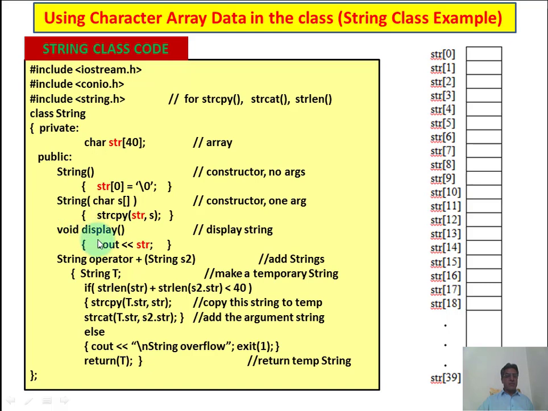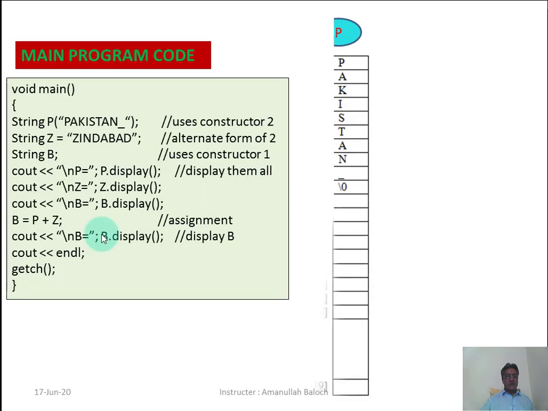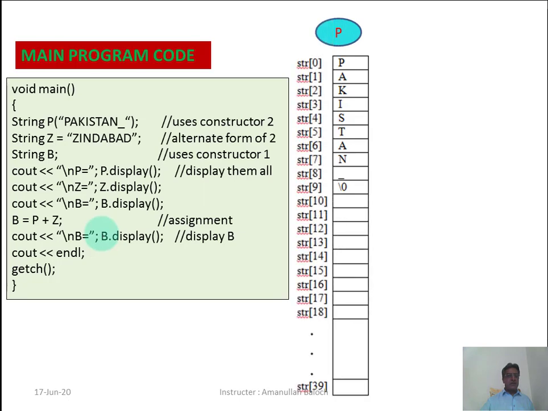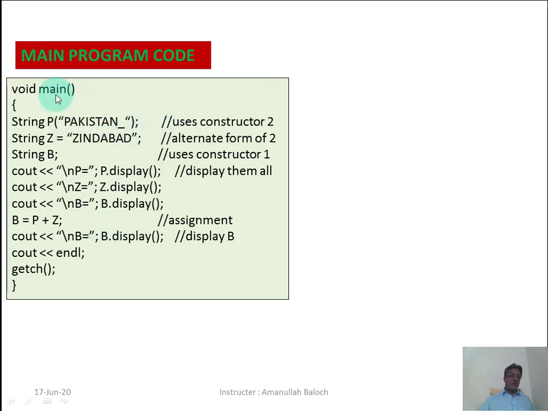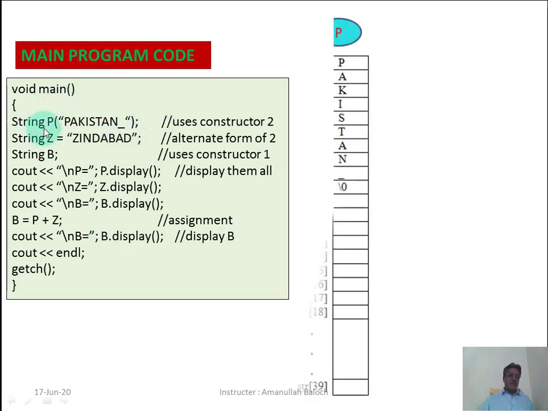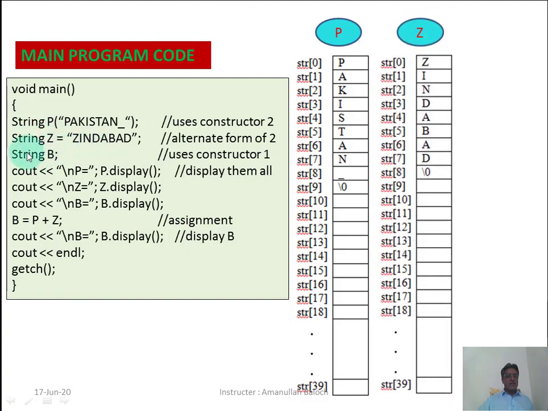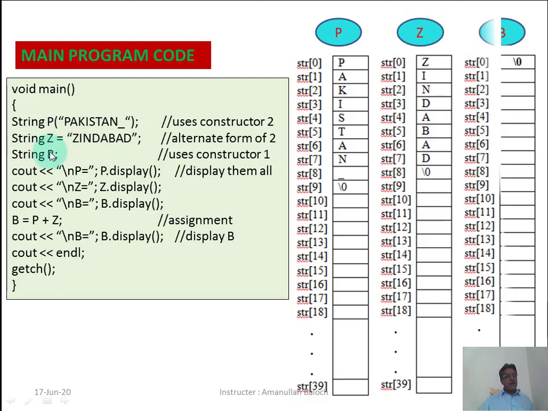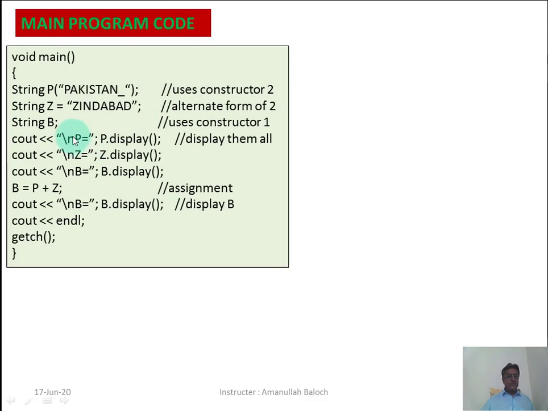In the main program, we have string P of Pakistan, string Z of Zindabad, and string B. These are three objects.